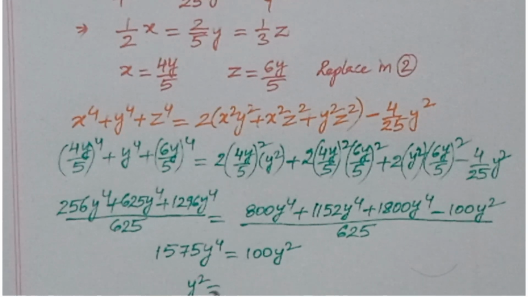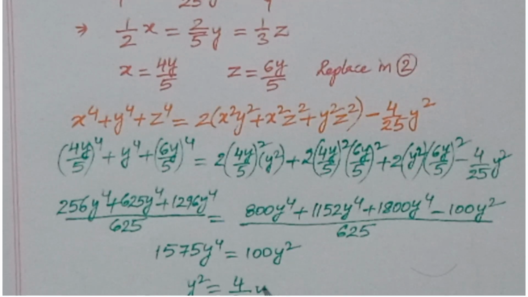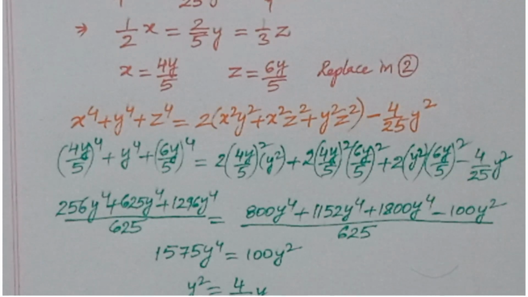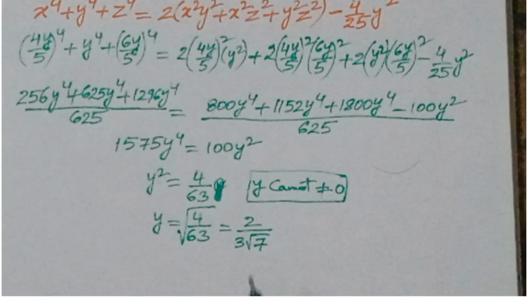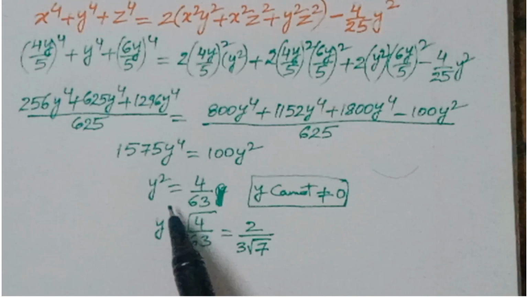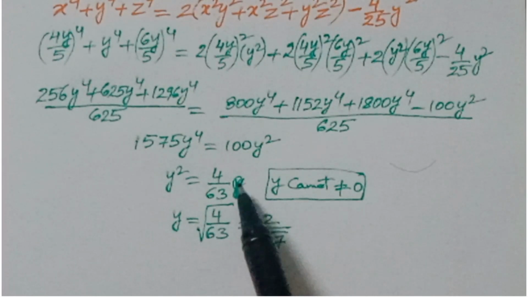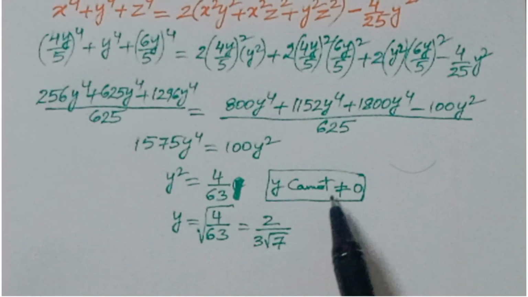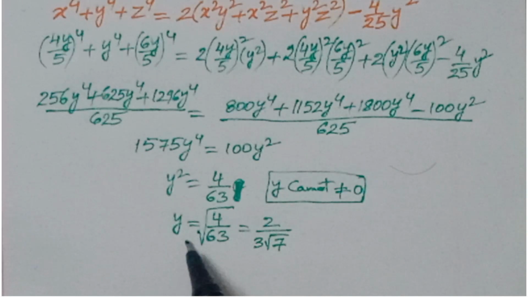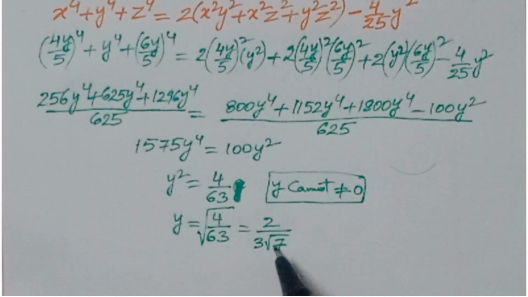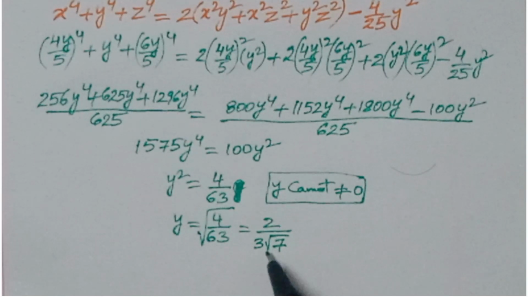So y square is equal to 4 by 63. Y cannot be 0. So y is equal to square root of 4 by 63, 2 by 3 root 7.